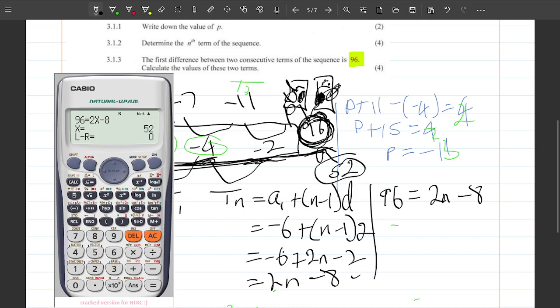But we haven't answered the question. We need to find the actual two consecutive terms that add up to this 96. Well, let's break it down now. If we look at these two number patterns and make a direct comparison between the two to get the term number, we'll realize that here we've got the first term.